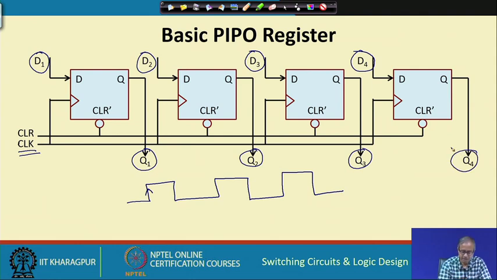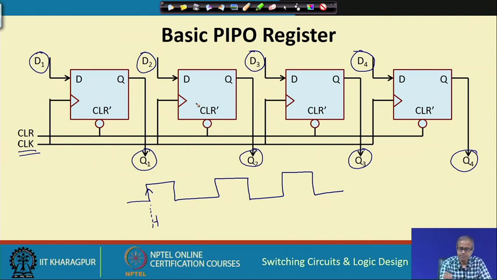Of course, after the clock comes, there will be a small delay. This delay will be determined by the propagation delay of the flip flop. After that the output Q will change state, whatever you are applying in D1 will go to Q1 and so on.